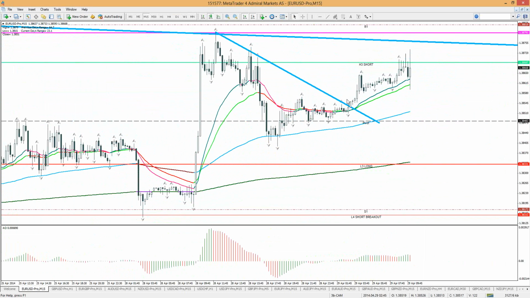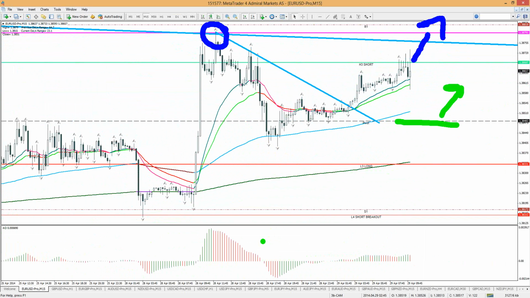That could have been a long because then there's still enough space up to the resistance. That's a different story. Right now, we need a break of yesterday's high to have an idea that this is indeed breaking to the upside, or a bounce back off of the pivot point, for instance.